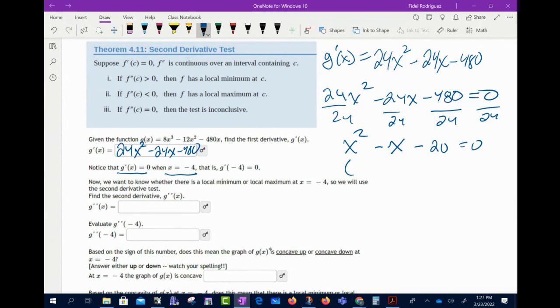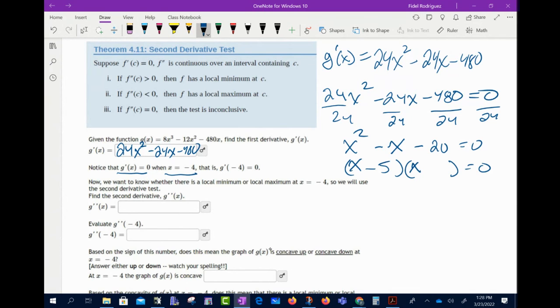Okay, guys, I'm going to ask you for factors. Remember, x and x. I'm looking for two numbers that multiply to what? -20. Very good. And they have to add up to what number? -1, right? What two numbers do you know multiply to -20 and add up to -1?